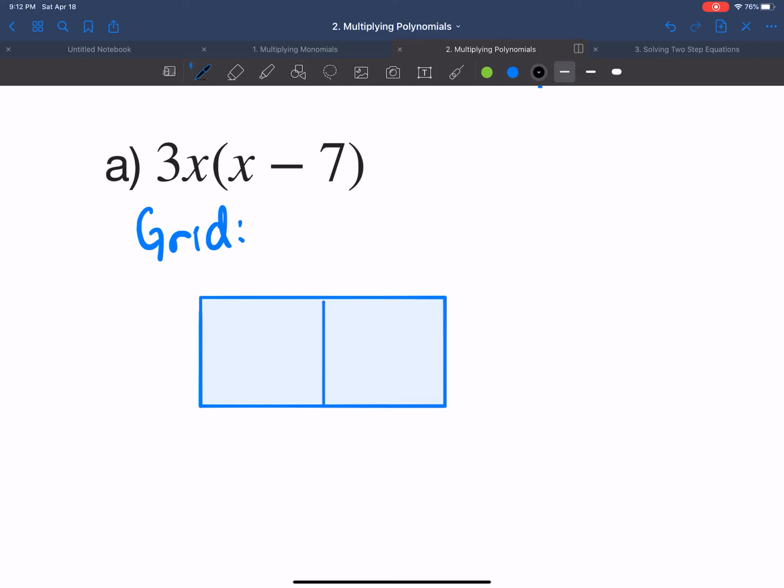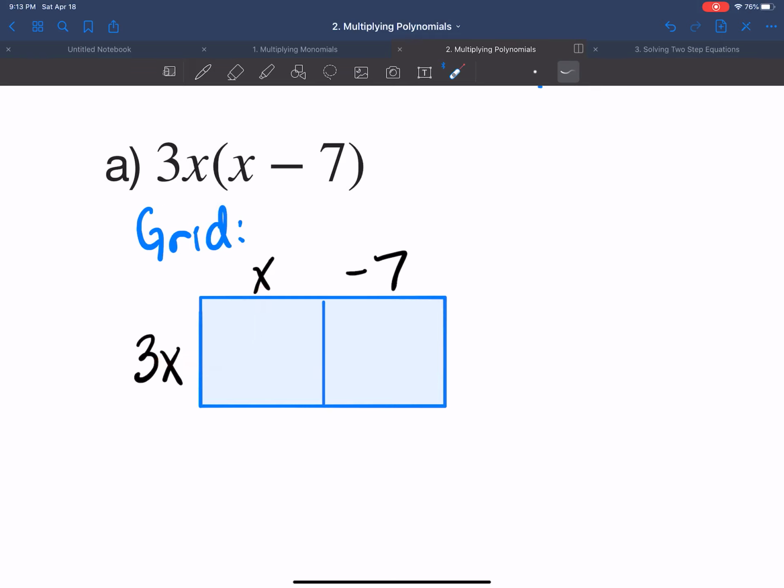I'm going to write on the short side the thing that's outside the brackets, 3x. And then on top of the 2 boxes, I have the 2 terms inside the brackets, so x and -7.